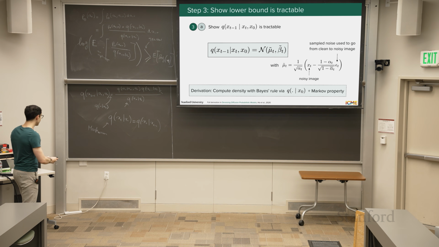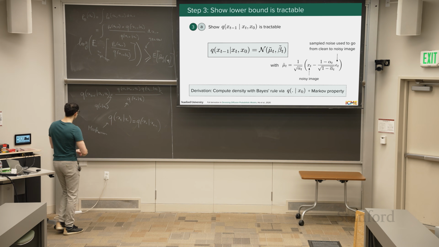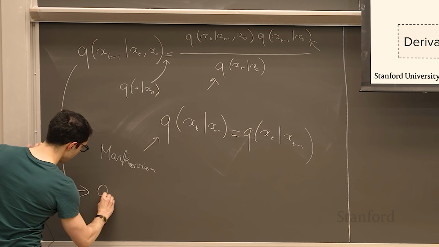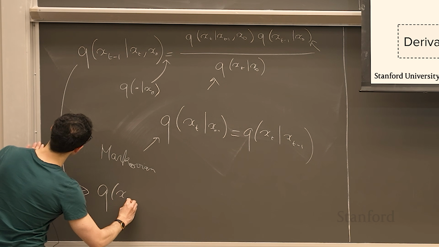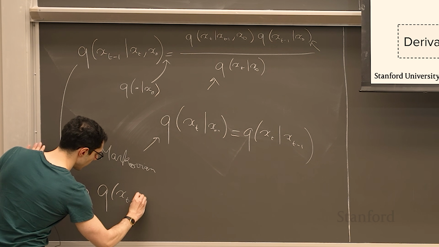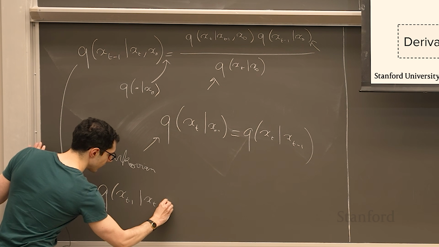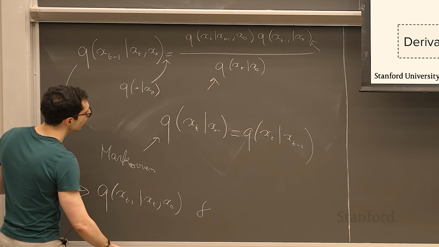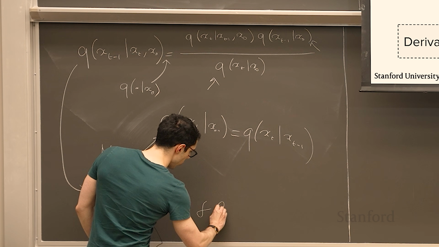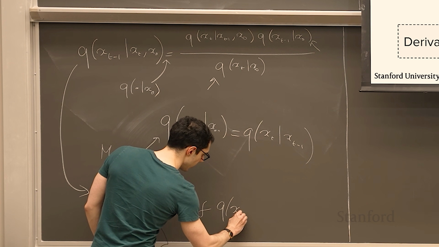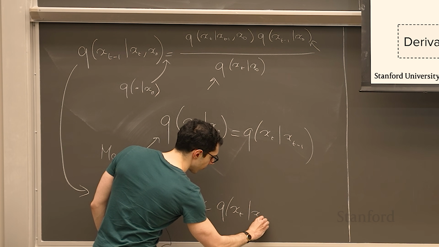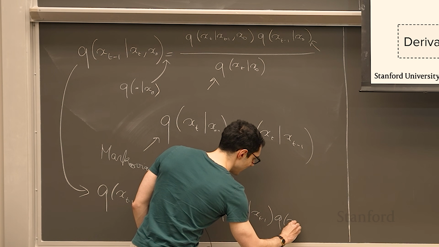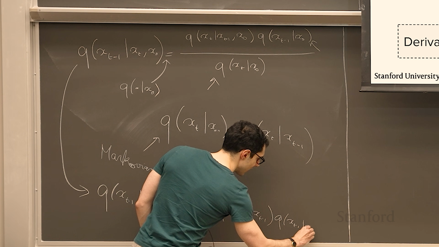And so here, what I want to say is that x_{t-1} knowing x_t and x_0 is proportional to q of x_t given x_{t-1} times q of x_{t-1} given x_0.